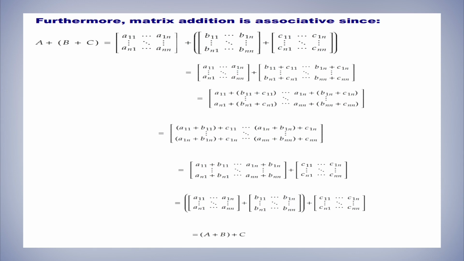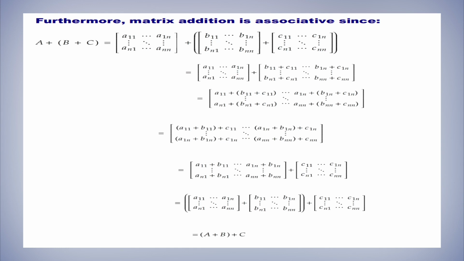Now all the elements are in a ring, so it will satisfy the associative property. We will exchange it. So how will it be written? A11 plus B11 plus C11, A12 plus B12 plus C12 and so on A1n plus B1n plus C1n, like AN1 plus BN1 plus CN1 and so on ANN plus BNN plus CNN.